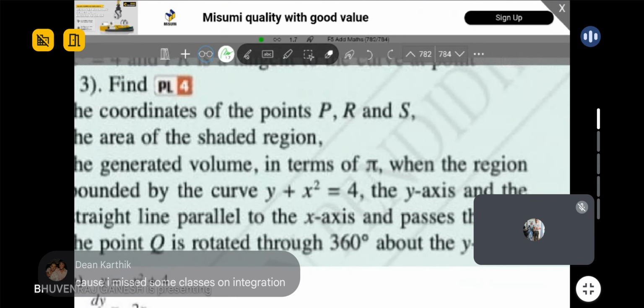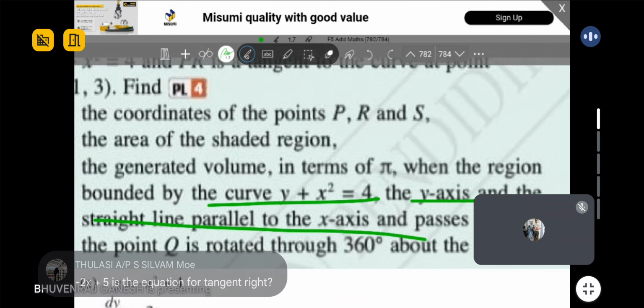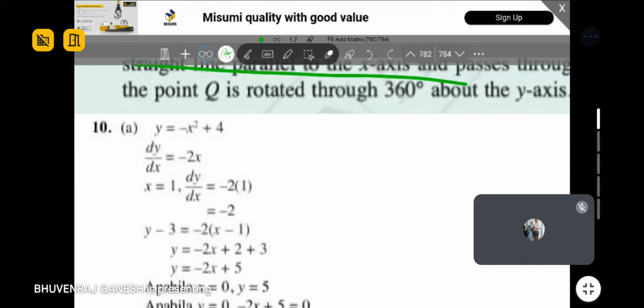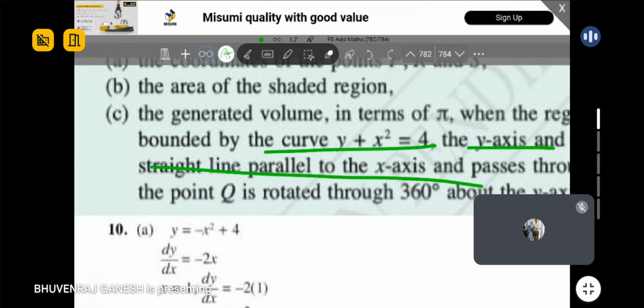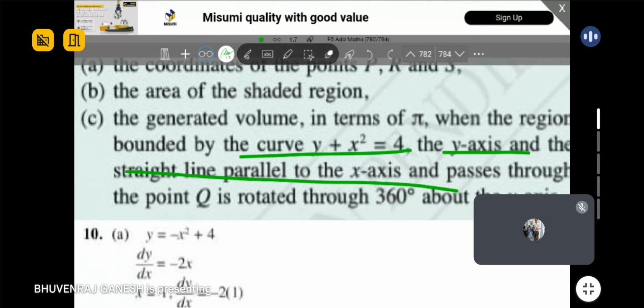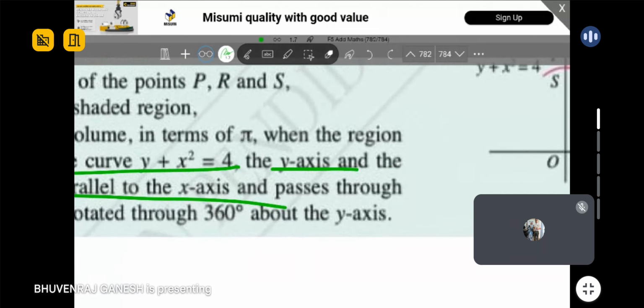Okay. So they say bounded by curve, y-axis, straight line parallel to x-axis. Yes, correct. This is the equation. Oh, so it's the basic lah. Okay, so you want to find the volume, guys.